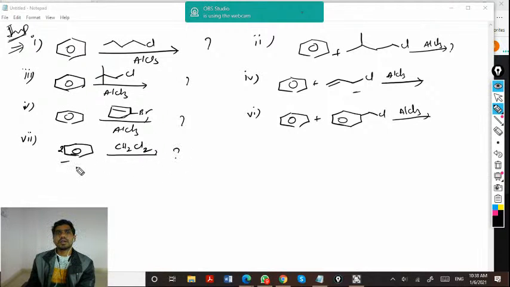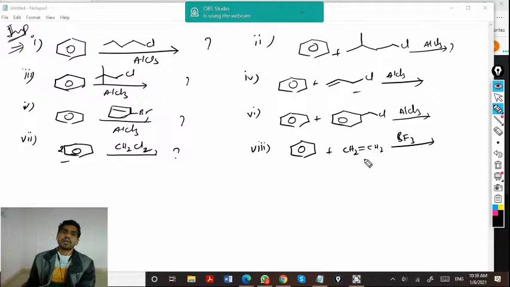So when 2 moles and a dihaloalkane is present, what could be the product? So this is not requiring the alkyl halide, because when it is in the presence of Lewis acid, it itself is going to form the carbocation at this carbon.